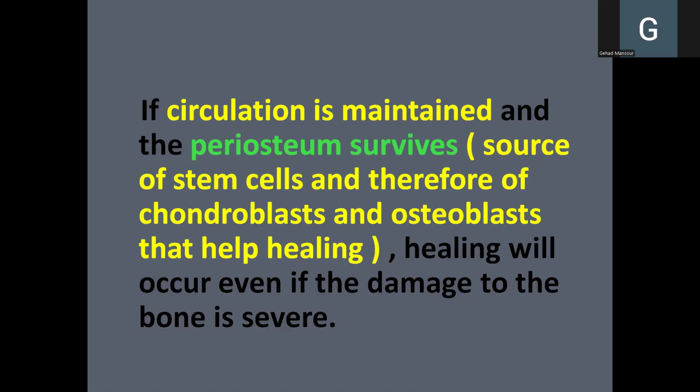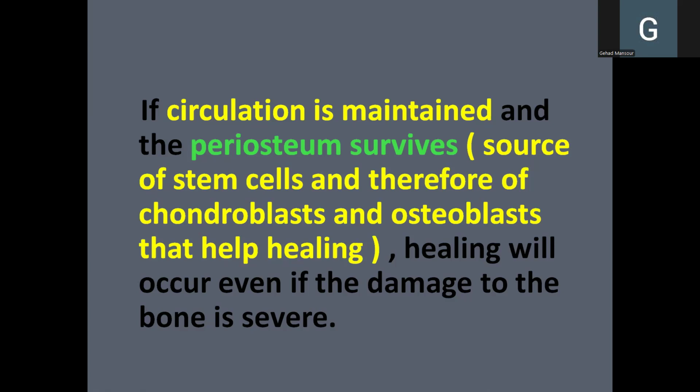Another very important condition for healing of the bone to occur is that the periosteum is still alive and hasn't been damaged, because the periosteum contains, as we said before, the blood vessels, and the blood vessels are the source of the stem cells.